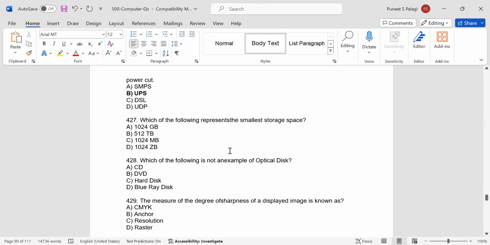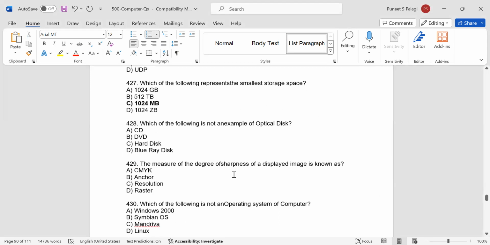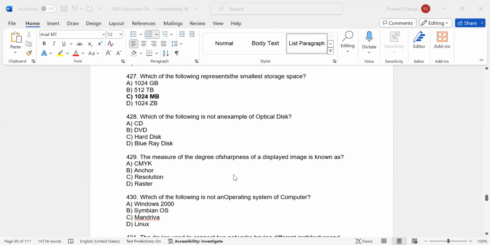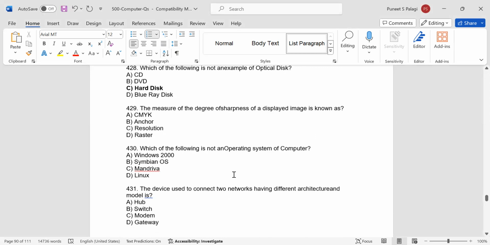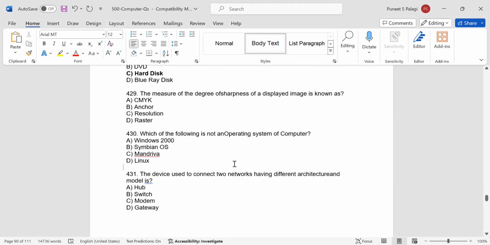Which of the following represents the smallest storage space? It is option C. Then which of the following is not an example of optical disk? CD, DVD, hard disk, Blu-ray disk. It is hard disk. The measure of the degree of sharpness of a displayed image is known as its resolution.